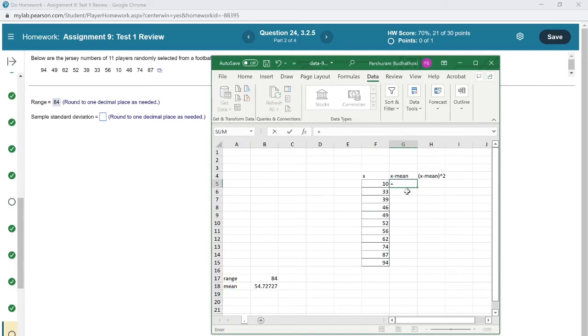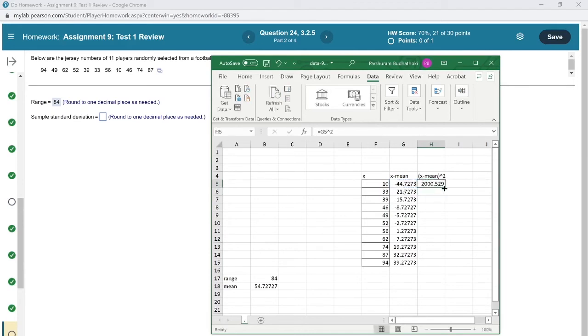So I'm going to just use the equal sign. I select the data minus 54.72727. So that's the difference, and I'm going to do the same thing for all data. And now to square this value, I just have to select the data here and use the square.